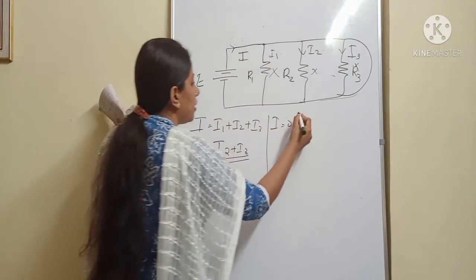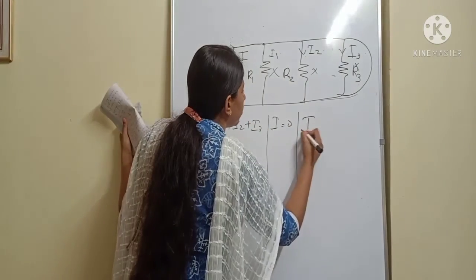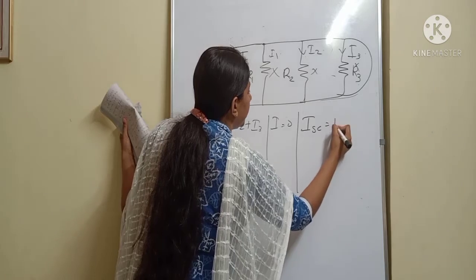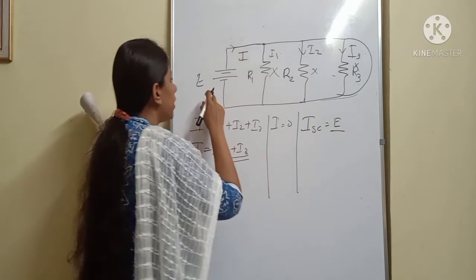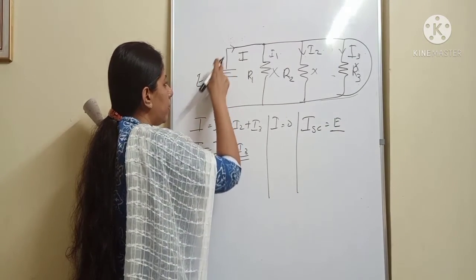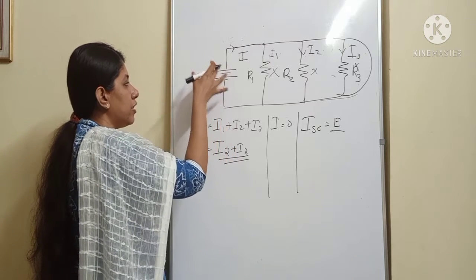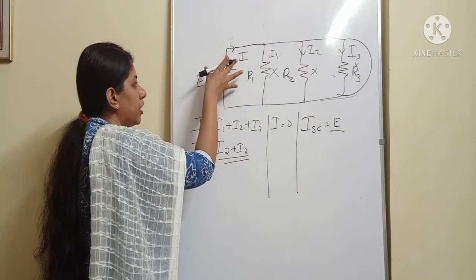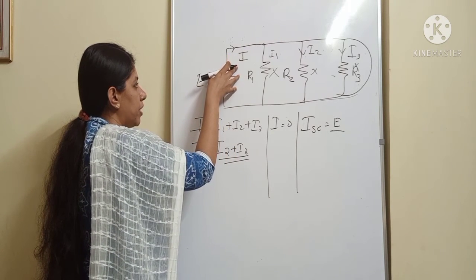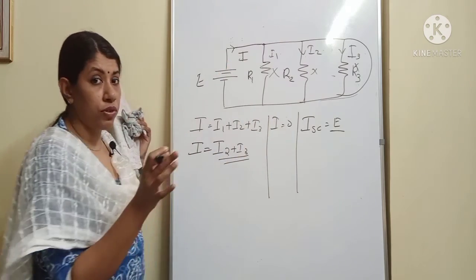In this case the value of the short circuit current will be E divided by the internal resistance. Usually in problems, the internal resistance of the power supply is given if you are asked to find the short circuit current.